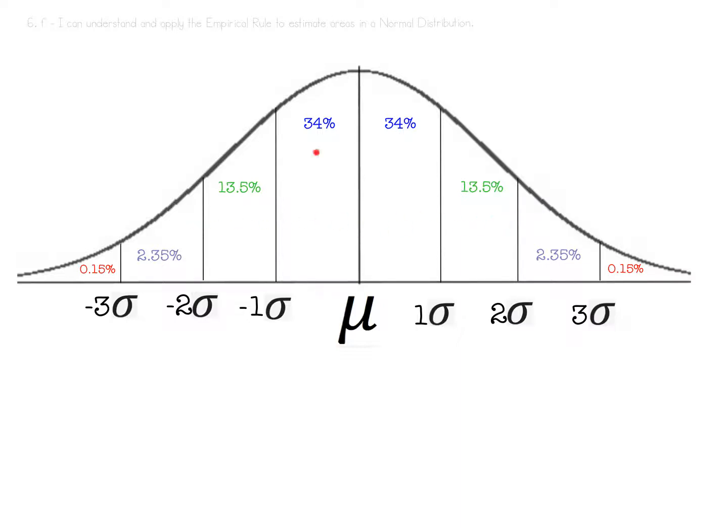And then if I add those up, I get 99.7, and then if I add all of them up, I should get 100%, because 100% of my data falls below that curve. So that might be a little confusing. We'll talk more about it tomorrow, but just make sure you have a drawing and that you have these percentages divvied up, because that will make your life easier when you go to do these practice problems.